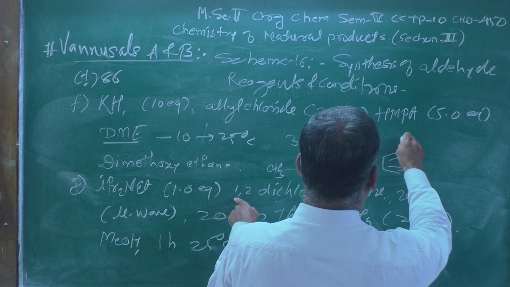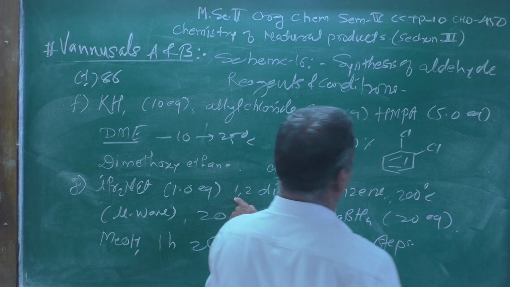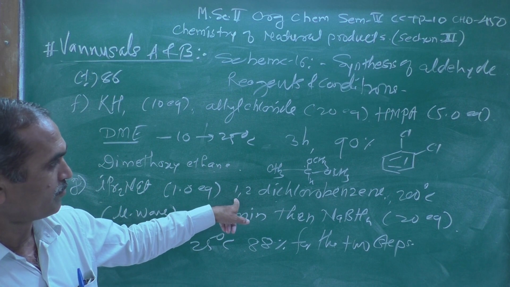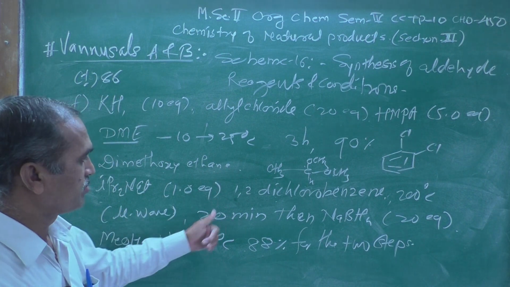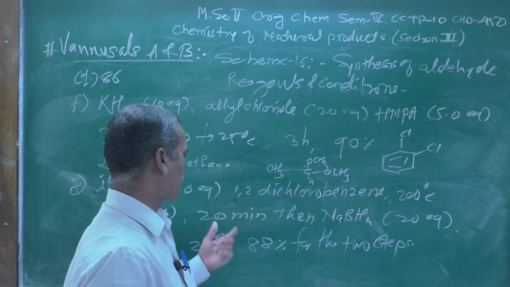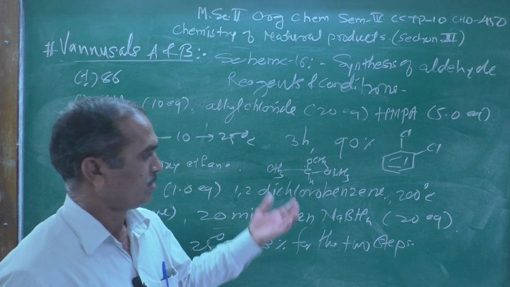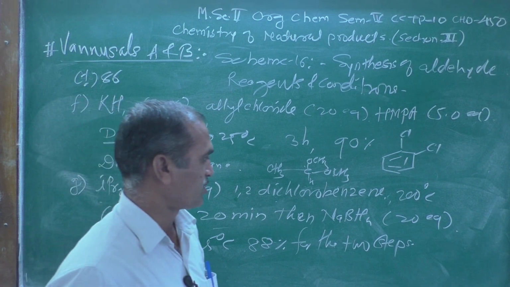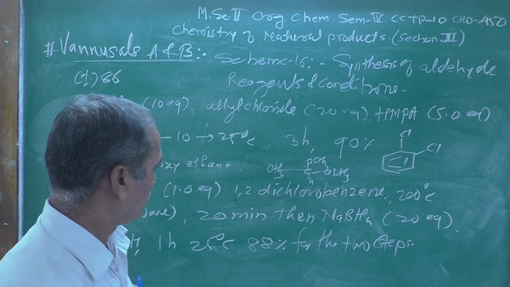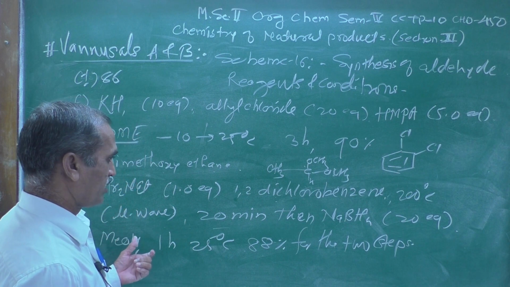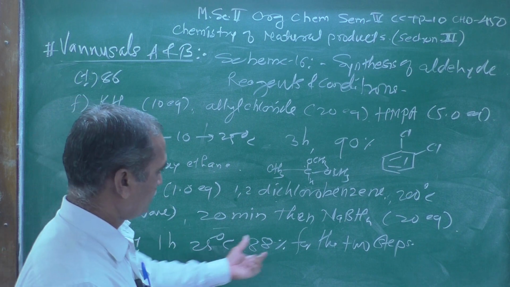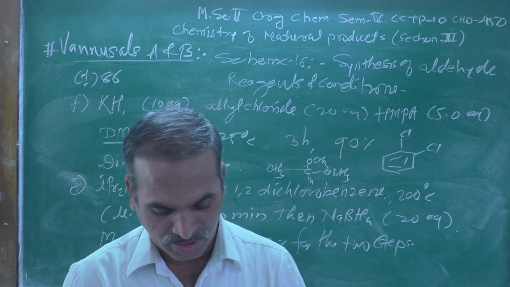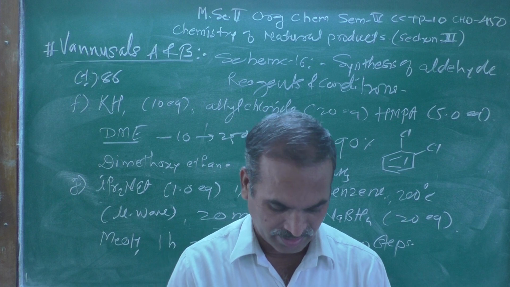This is the structure of benzene, and at the 1 and 2 positions chlorine is present. The reaction mixture was stirred for 20 minutes in the microwave, followed by sodium borohydride, a reducing reagent which can reduce the aldehyde group into an alcohol, and over the two steps they got around 88% yield.